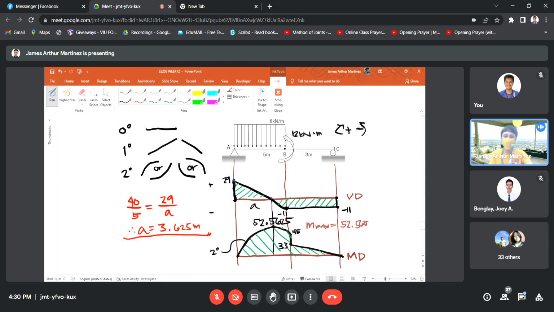That would be our maximum moment, and we will be using this data to design our beam. That is its importance. The maximum shear is 29 kilonewtons. So there, we have the maximum shear and moment.